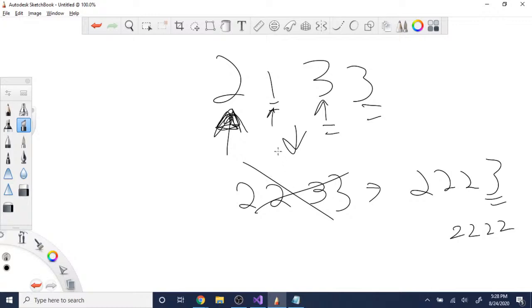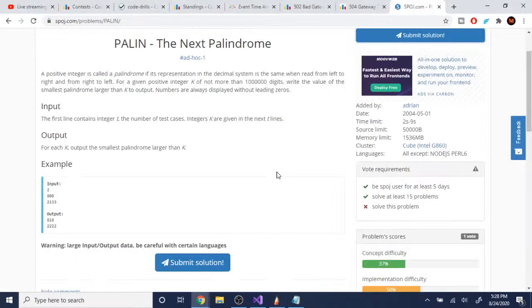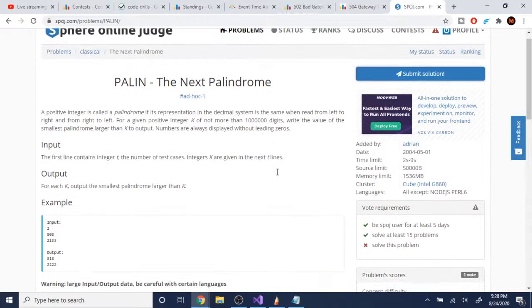We need the smallest palindrome that is just larger than this, right? Do I just repeat the first digit? K is no more than 100,000 digits.